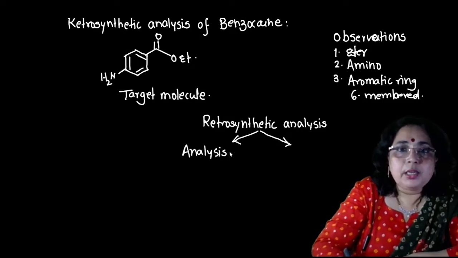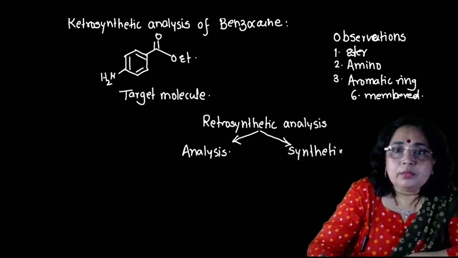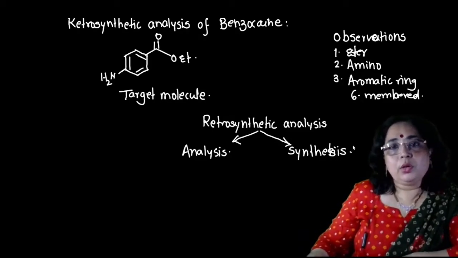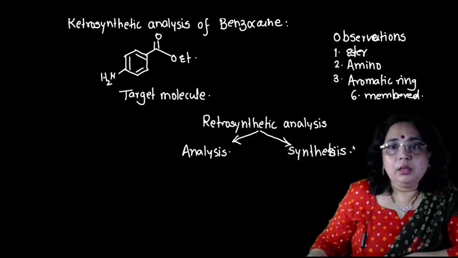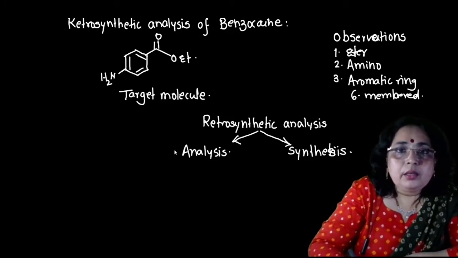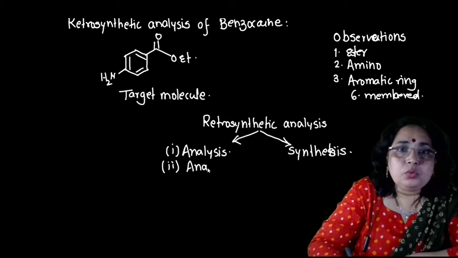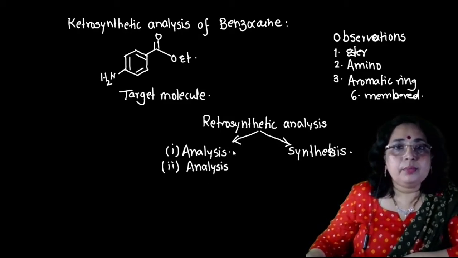One part is the analysis and another part is the synthesis. So without synthesis, you cannot complete your reaction. Now let us start. This is a little bit complicated molecule, though it looks very simple. But there are two steps in the analysis. We'll see one by one.